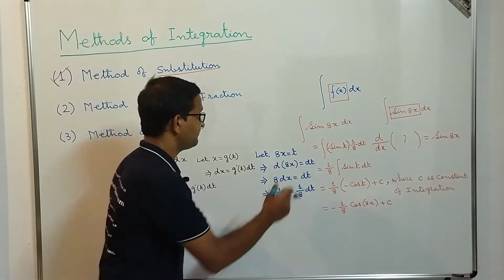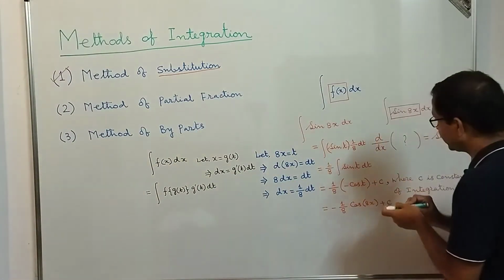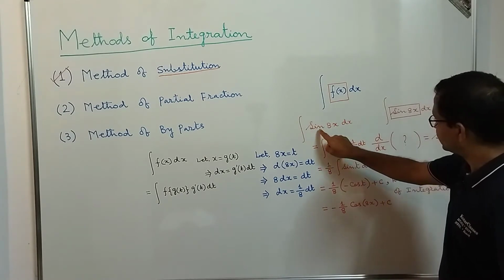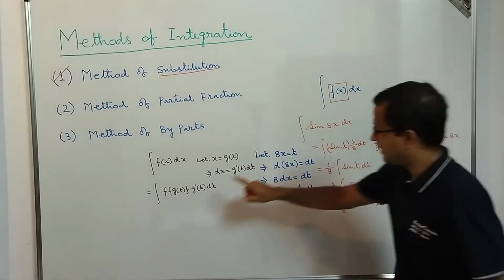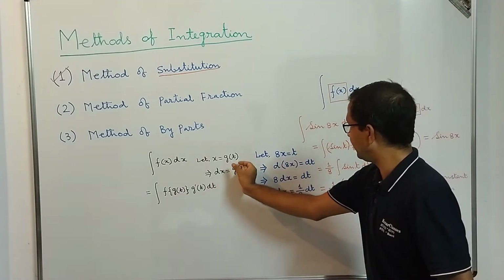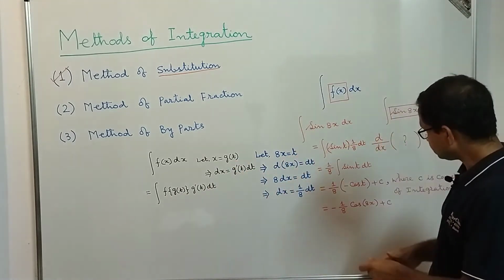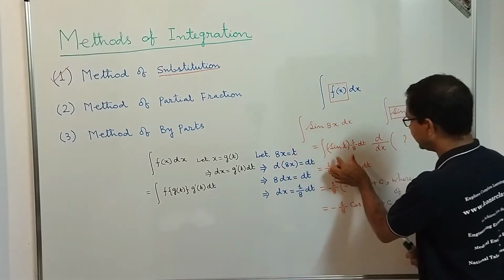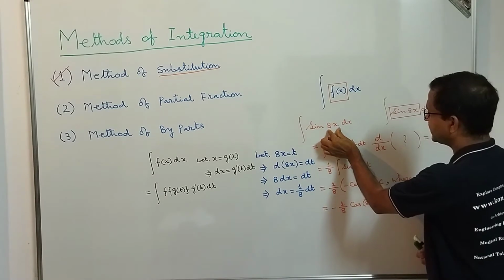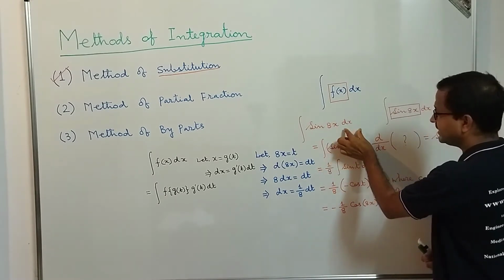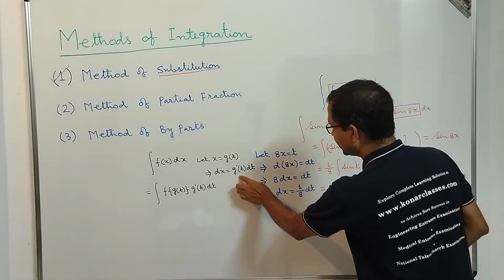Now we are replacing that value here. We replace sin of 8x, so f of g(t), where g(t) is t by 8. We have taken 8x equal to t, so we took it as sin t. Then dx equal to g'(t) dt.